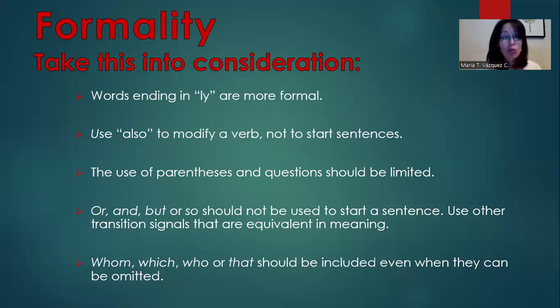Instead of using but to start a sentence, you can use on the other hand, nevertheless, in contrast, however. Instead of using so, which expresses a consequence, you can use to start sentences, therefore, as a result, consequently, thus, hence.